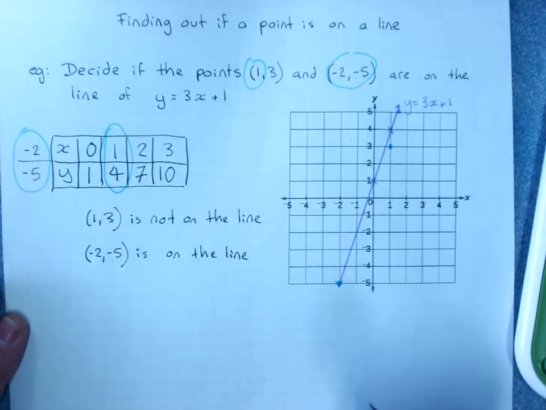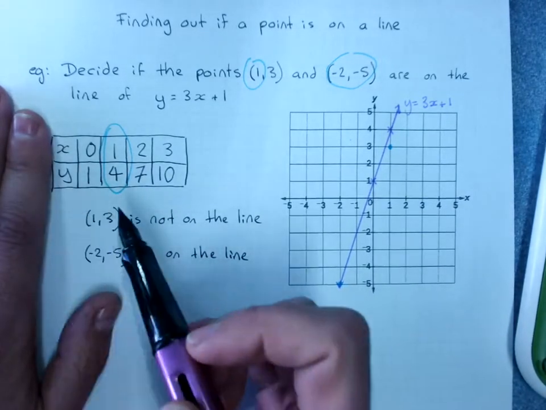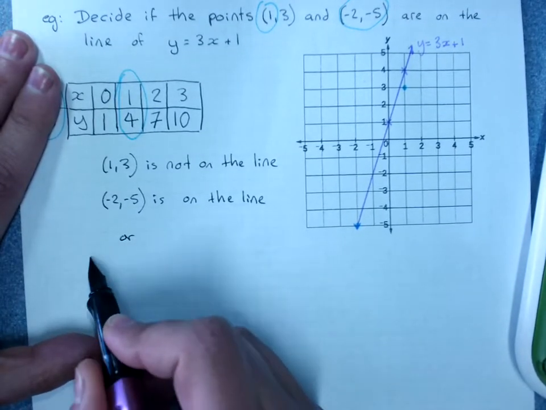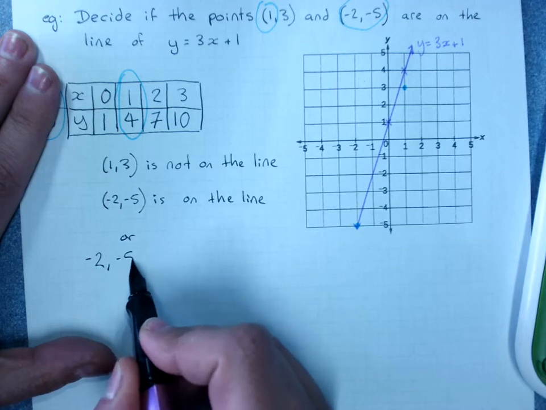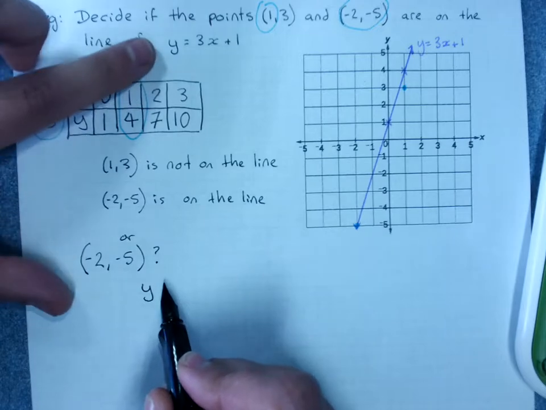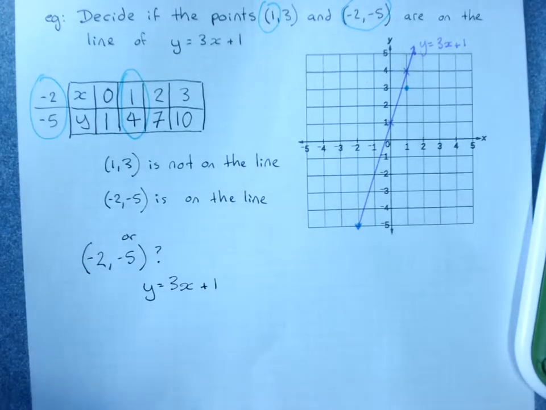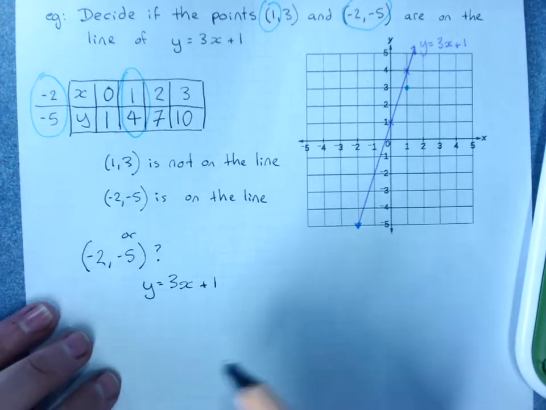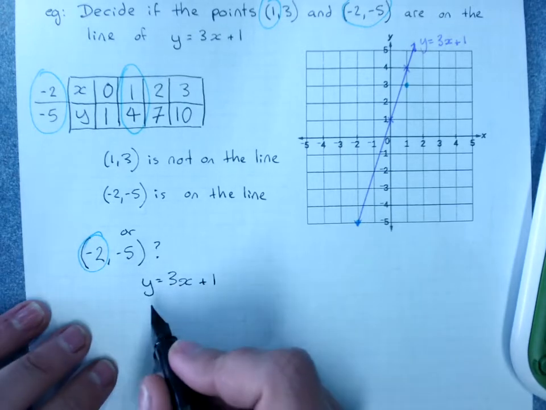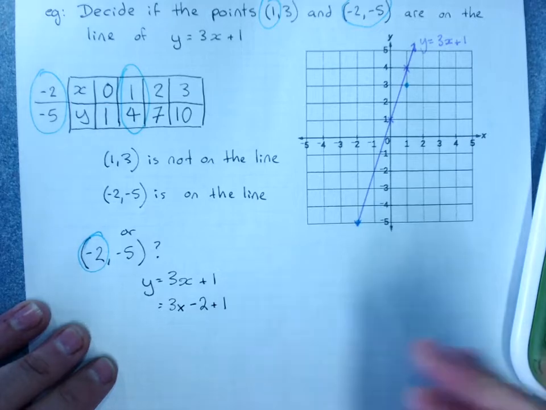Now there's a different way to do it if you prefer. If we'd got to this point and gone, oh, we didn't put it in the table of values, then what you can do instead, when I was trying to work out if (-2, -5) was on the line, is write the rule y equals 3x plus 1 and take that value of -2 and substitute it in here. 3 times -2 plus 1.